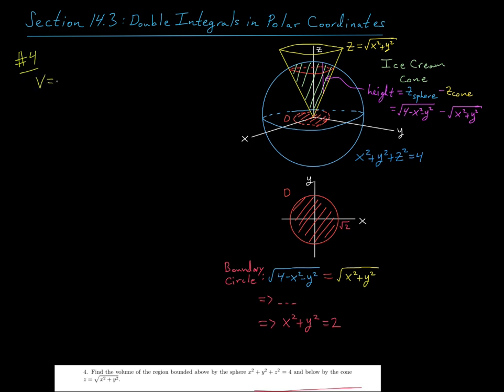So the volume here, this is going to be the double integral over this region D of our height function, right? The heights of these various pillars that we're stacking up here to fill out our region.